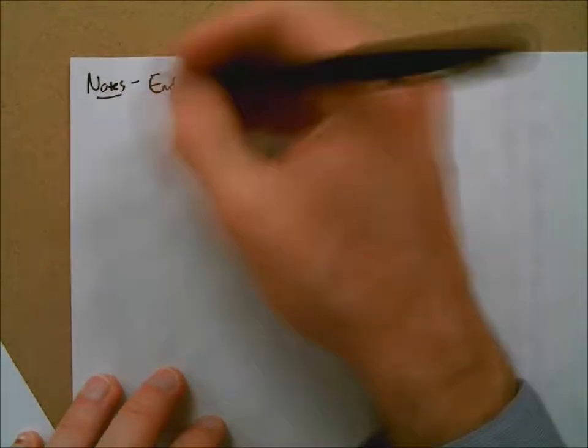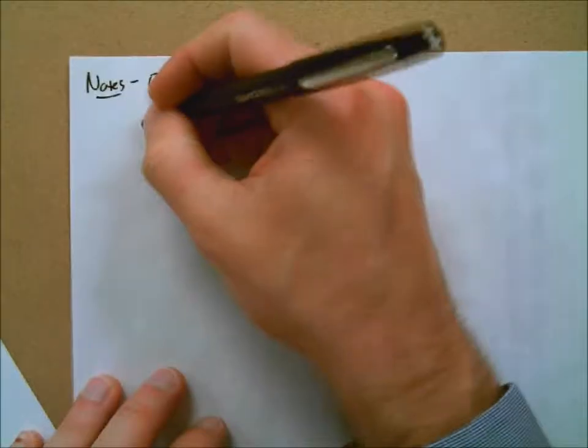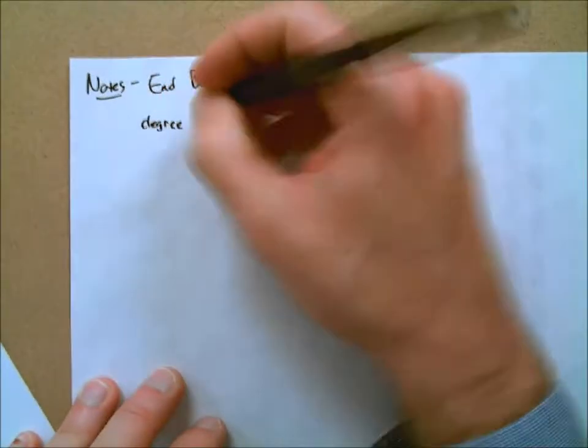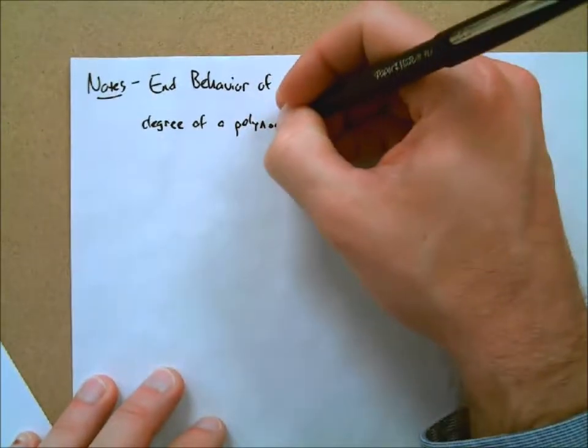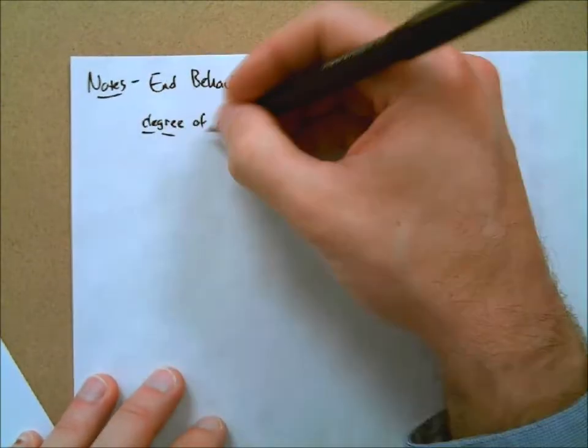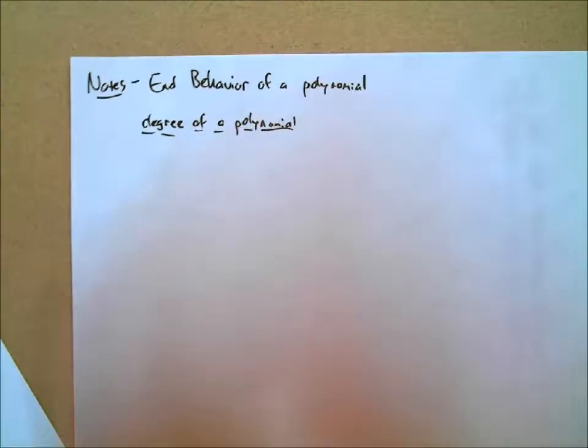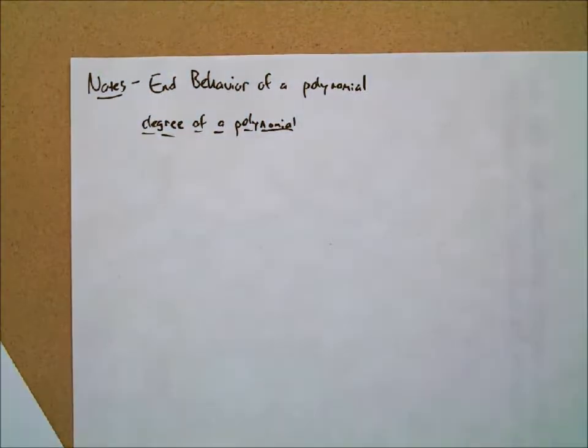To talk about end behavior, though, we need to first recall what the degree of a polynomial is. And how do we calculate the degree of a polynomial? What is it? How do you find the degree of a polynomial?